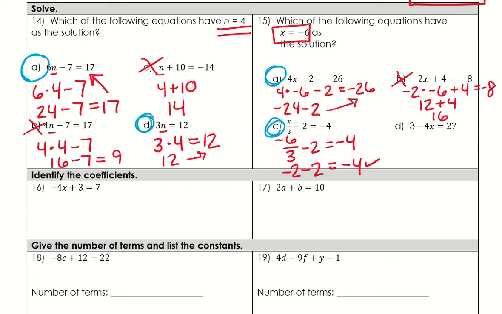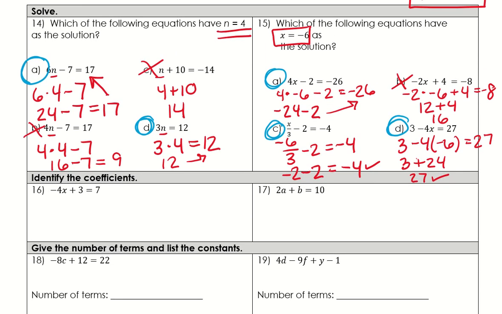And then D, 3 minus 4 times negative 6 equals 27. So I'm going to have 3 plus 24, which does equal 27. So that also checks out. D does work.